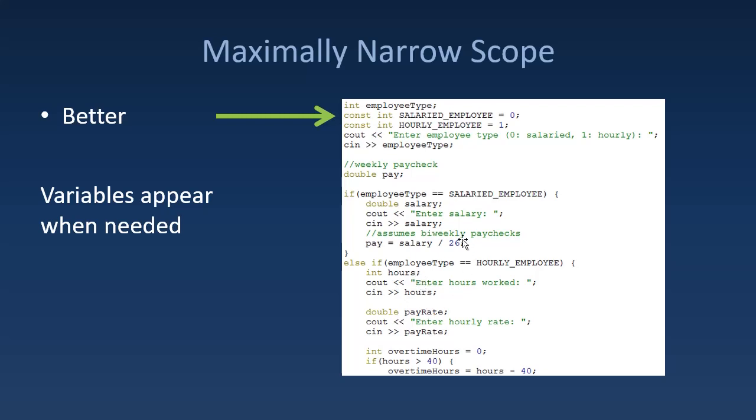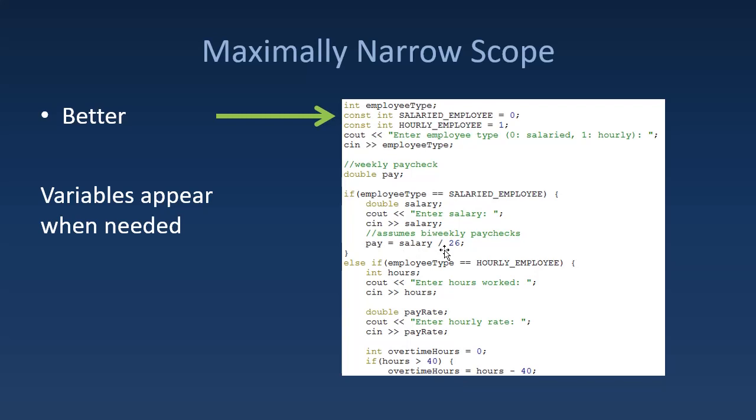And the point of this chunk of code is to calculate their pay. Either way, if they're a salaried employee or if they're an hourly employee, I'm going to try and calculate their pay. So great, what I'll do is I'll put that variable outside the if-else, and then in both the if and the else, and else is not fully displayed here, but both of those are going to set the pay variable.